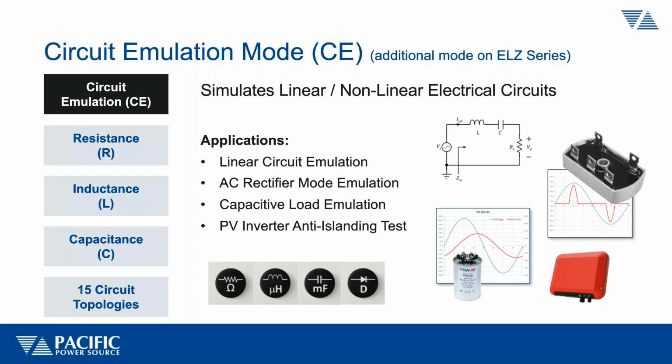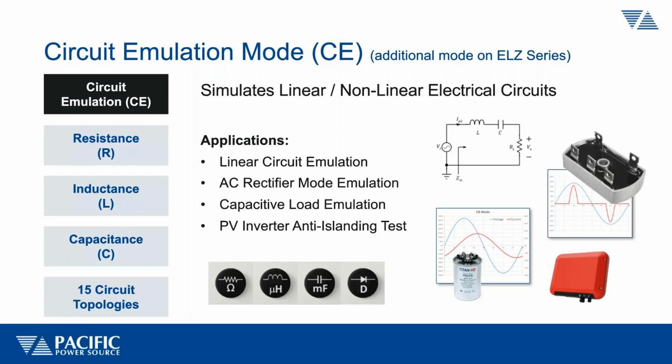In the case of our AC load, we have 15 circuit topologies that you can select from, of different circuits of L, R, and C components, to simulate a wide range of linear circuits. That includes rectifier mode as well, so you can simulate rectified inputs and add an amount of capacitance and inductance to simulate different load conditions.